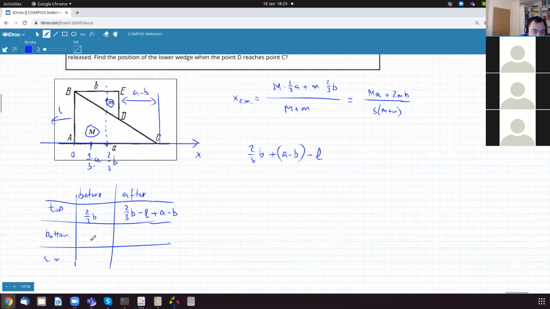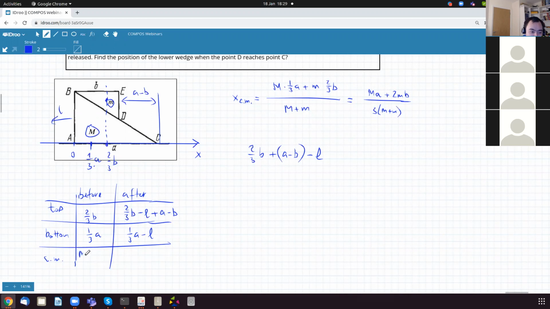Okay, the bottom block. It started off at 1/3 A, and it finished at 1/3 A minus L. It's a bit simpler. The center of mass stayed where it is. So the center of mass is the same.